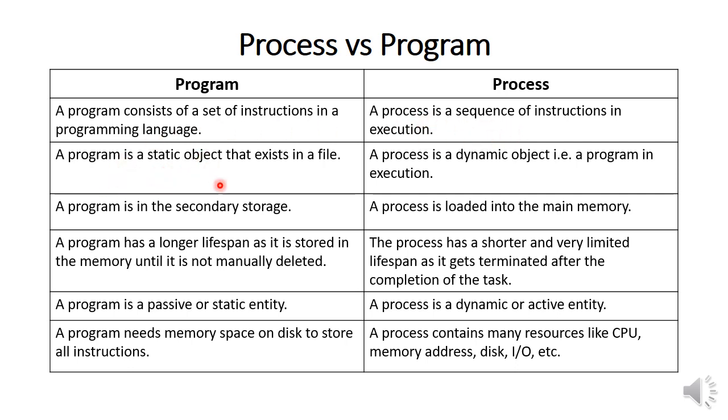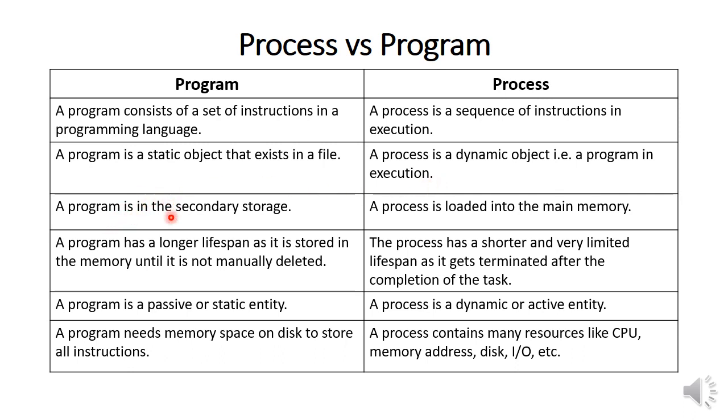So a program is a static object that exists in a file. So it is a text file which is stored on a computer on a secondary storage device. Whereas a process is a dynamic object, it means that a process exists only once it resides in a computer main memory.